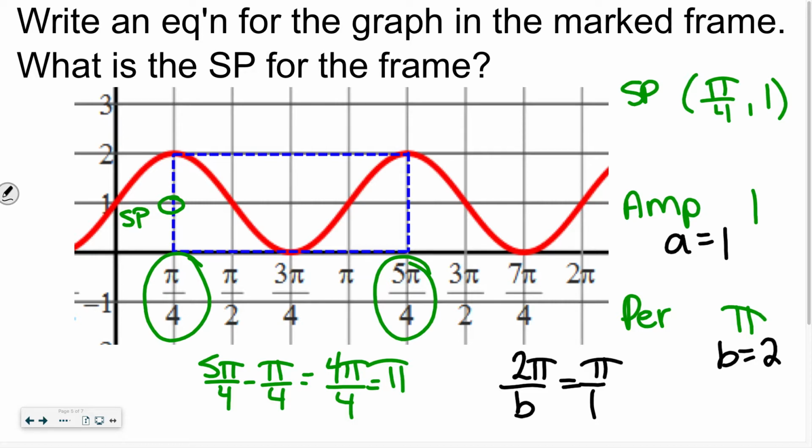And then alphabetically, now that you have B, you're allowed to find C. So the most incorrect answer would be to say C is pi and B is 4 just by looking at numerator and denominator. You have to think about it like that's C over B, but we know that B for this graph must be 2. That's equal to pi over 4. What's a good way to solve for C?